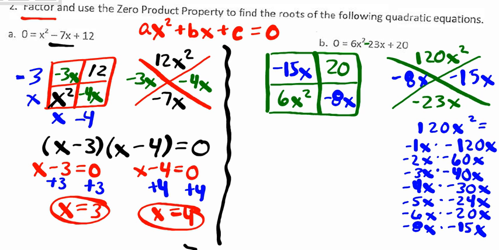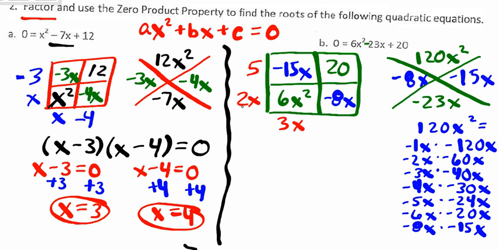So now we are going to pull out our common factors. So negative 15x and 20 have 5 in common. 6x squared and negative 8x have 2x in common. 6x squared and negative 15x have 3x in common.